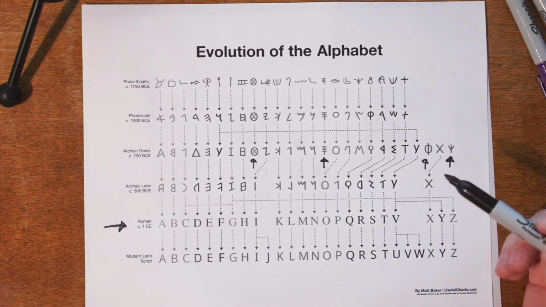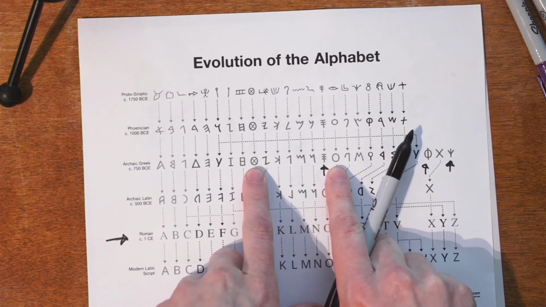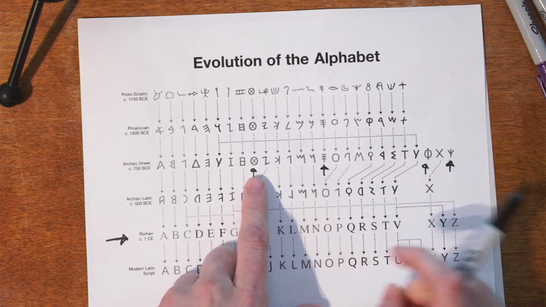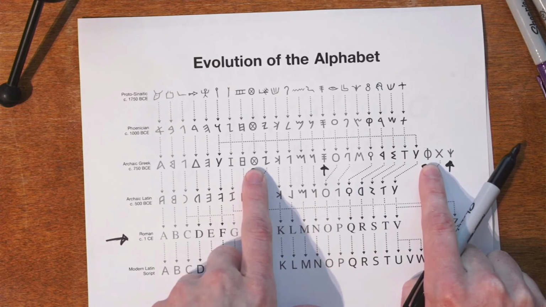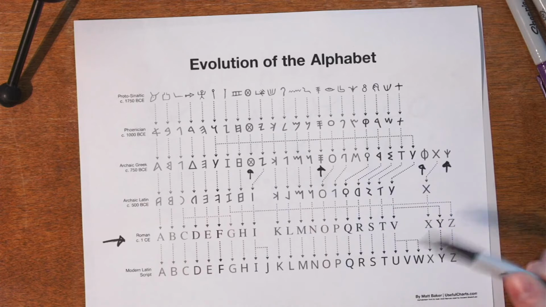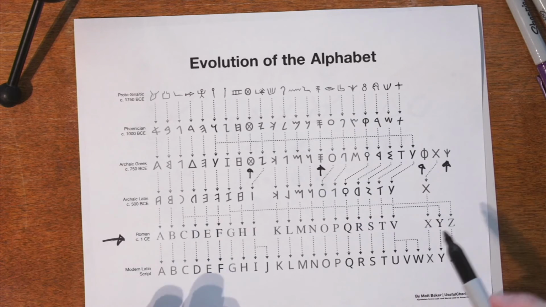Like if you have two characters that are very close to being the same, it's very likely those are going to get wiped out because they're too hard to differentiate, or they're too hard to draw, or they cause other problems, right? You could also argue that these two are going to have problems together. And as these things evolve, some of them get more different and some of them get more similar.